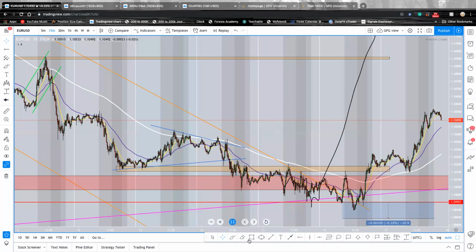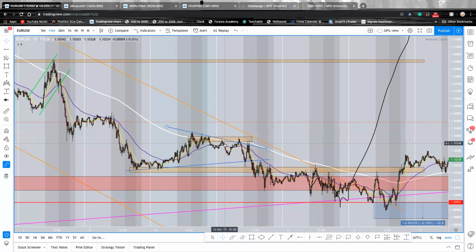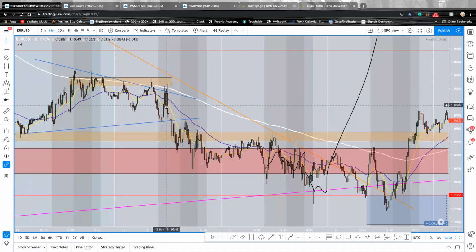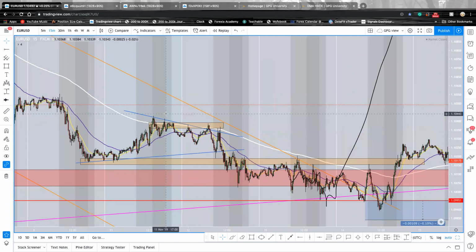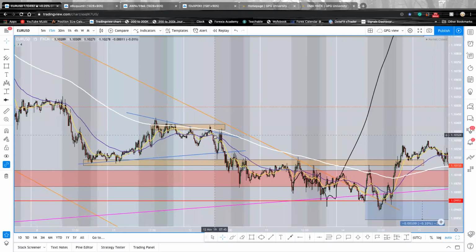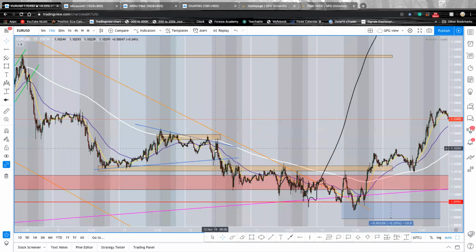The wedge formation formed at the 200 average, and then came back, respected it, with an engulfing candle below the 14. So these are the moments where, with the breakout already predicted, you can look for an entry opportunity to get in and eat that pip right there.